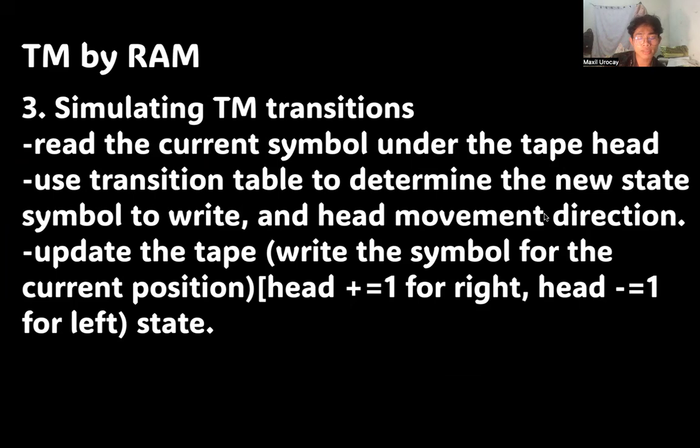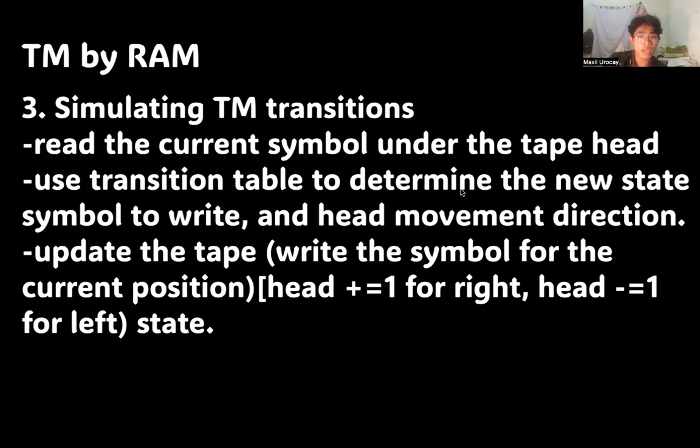Then head plus equals 1 for right, and head minus equals 1 for left. So that means in simulating a Turing machine transition on a RAM model, we first read the current symbol under the tape head.